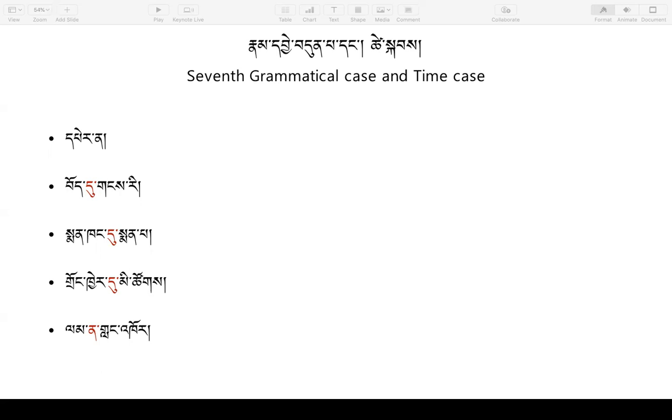So when it is a preposition of place for the seventh grammatical case, we must understand that for some positions the preposition is going to be in, for some it's going to be on, depending on what type of position we're talking about.